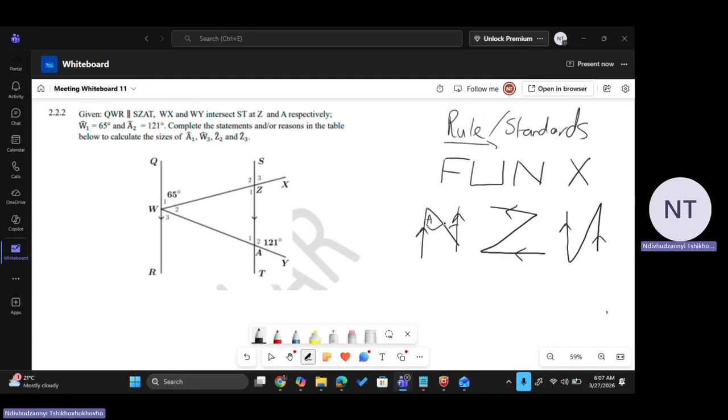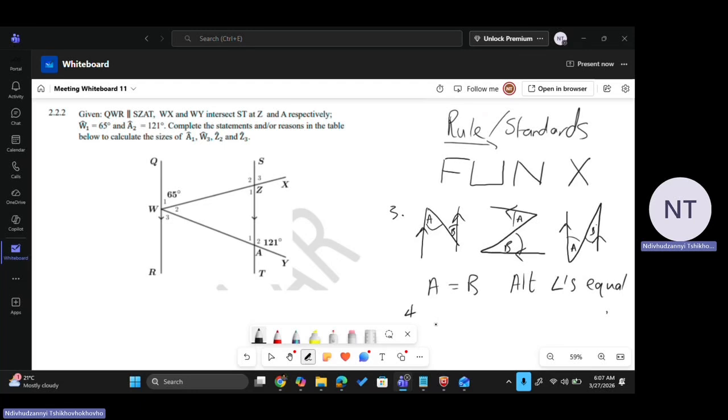So let's say A and B. You know the alternating angles that we have here. A is equal to B. They are equal. So your reason will be alternating angles equal. That's number 3.